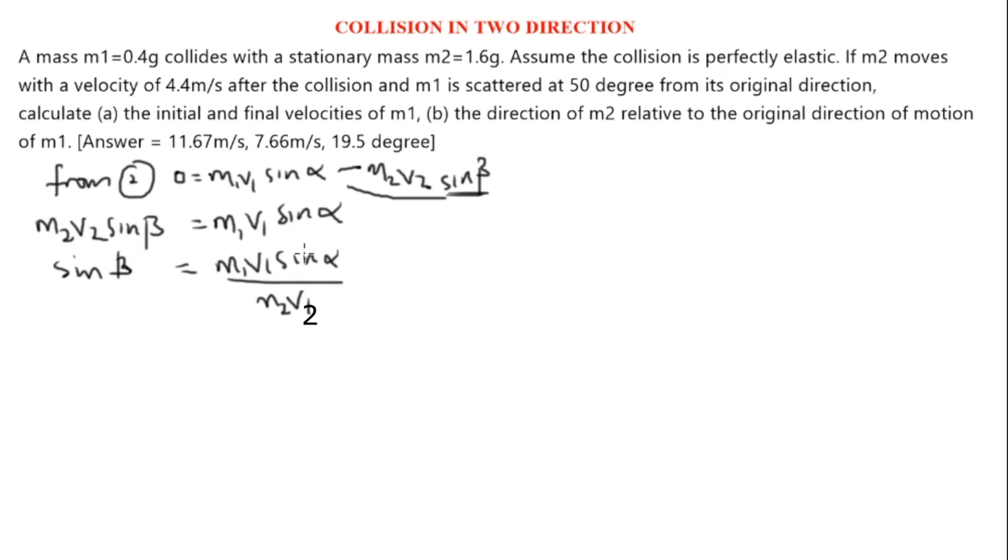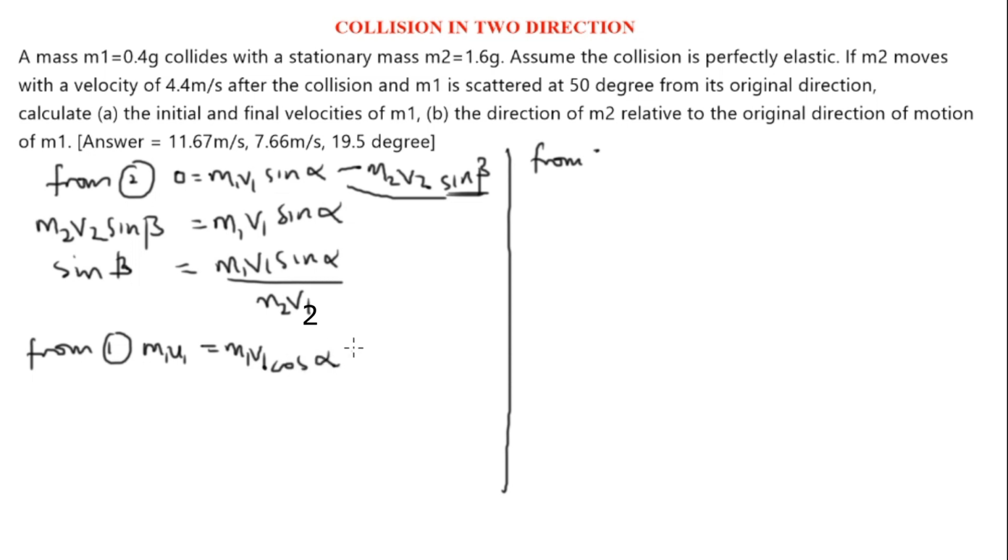Now from equation 1, don't forget equation 1 is m1 u1 equals m1 v1 cos alpha plus m2 v2 cos beta.